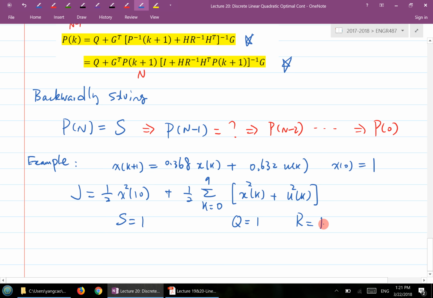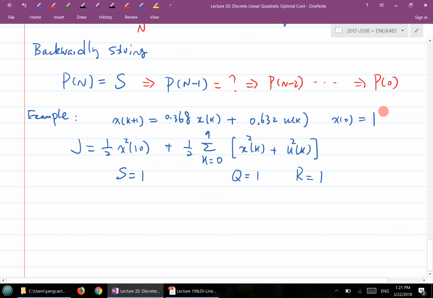Now there's another variation. What I could also give you is this: J equal to 1/2, starting from 0 here. So if I write my cost function like that, basically my last step is incorporated into the summation sign right here.